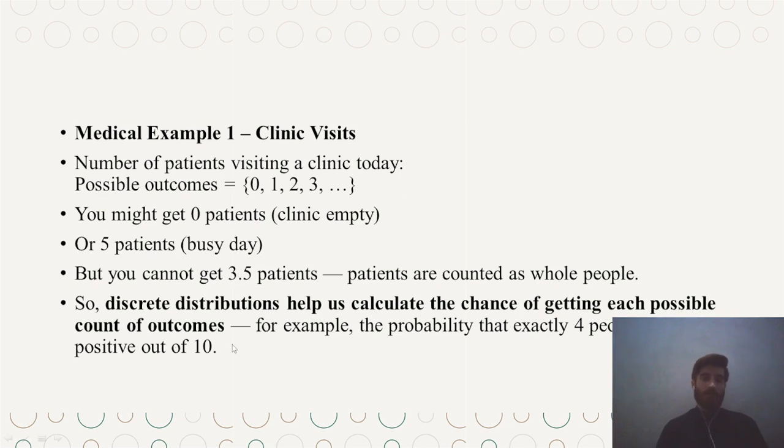So the discrete distribution helps us calculate the chance of getting each possible count of outcome. For example, the probability that exactly 4 people test positive out of 10. In the discrete distribution, if we add all the probabilities of how many patients come each day, the total probability will be 1.